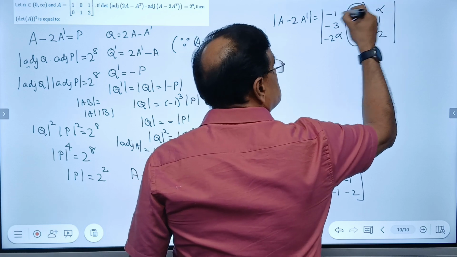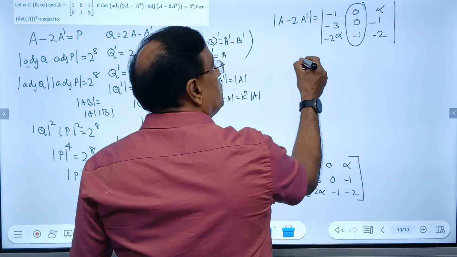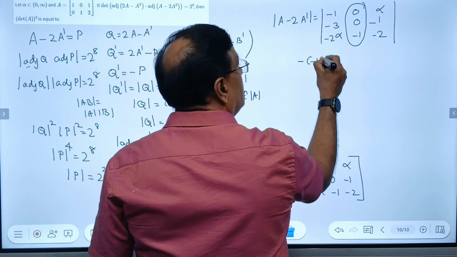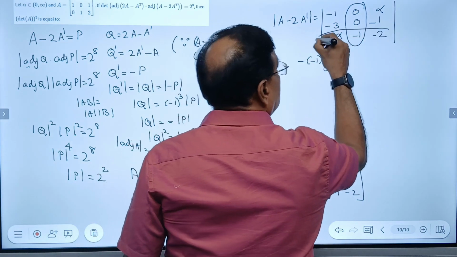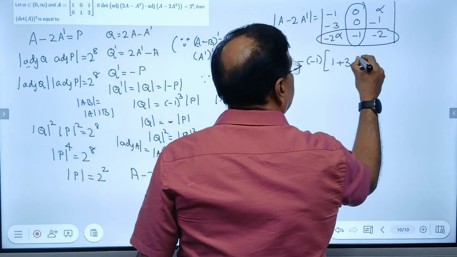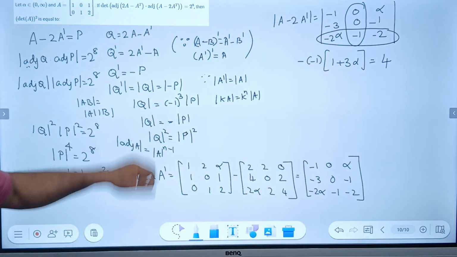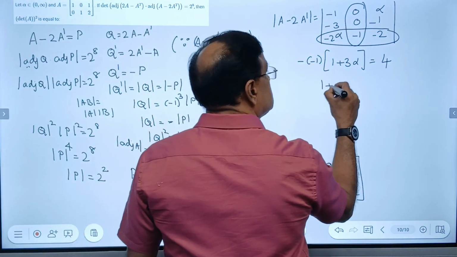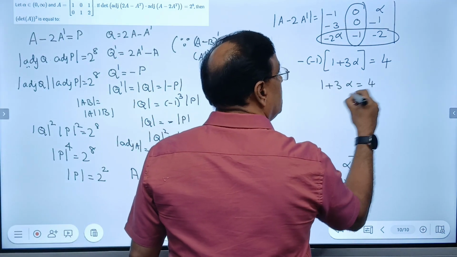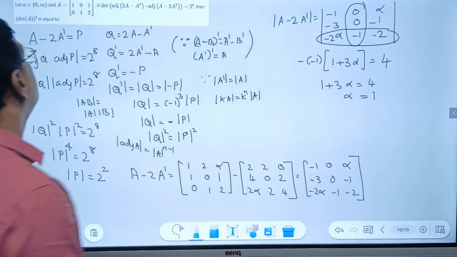The signs are plus, minus, plus, minus and so on. So the cofactor is minus of minus 1. Leave that row, leave that column. What do I get? 1 plus 3 alpha equal to 4. That's what we have, right? So 1 plus 3 alpha equals 4. Therefore alpha equals 1.